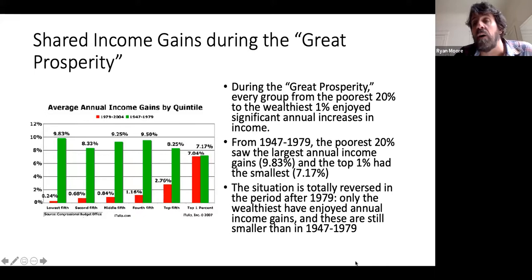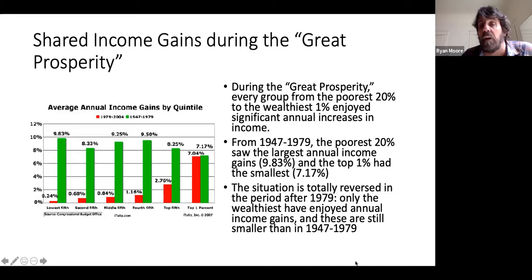In the red bar, we see the situation is totally reversed. The red bars represent 1979 through 2004. And we see in that period that the only people who have really experienced income growth have been the top 1%.